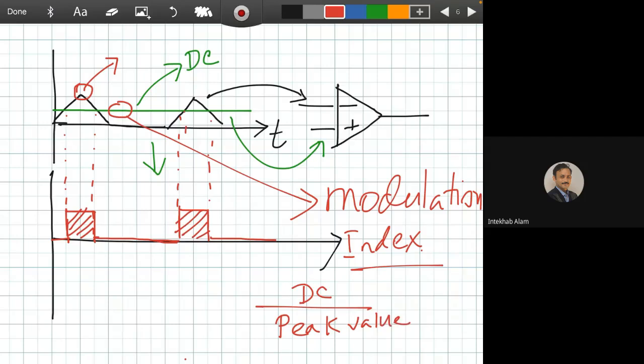So if the DC value is 0, there will be no modulation and the output will get the peak output. And if the modulation index is 1, there will be no output. We can also explain it in this manner. Is the term modulation index okay with you?